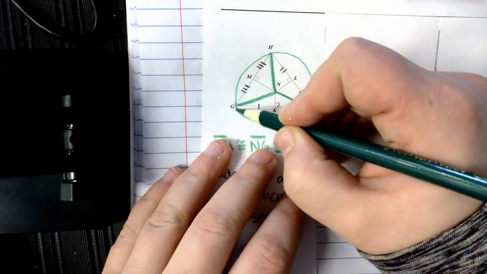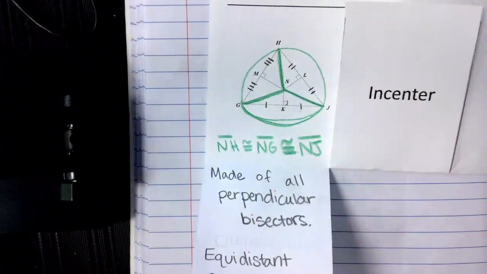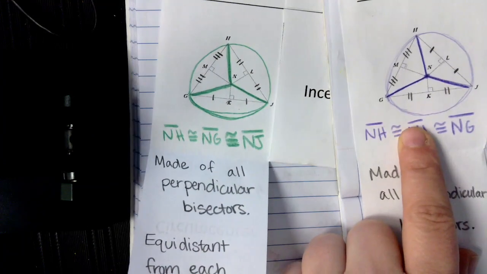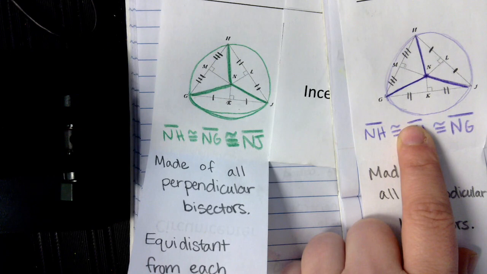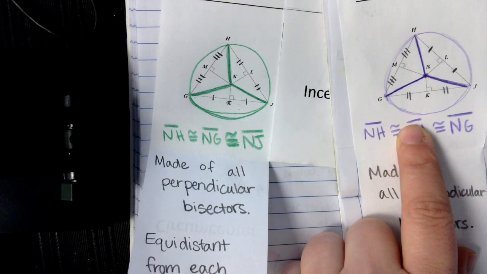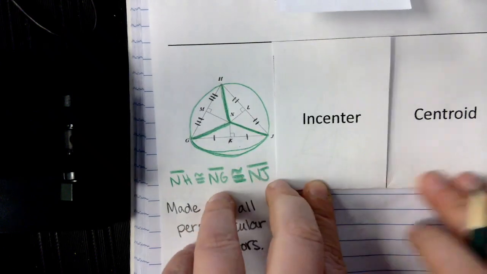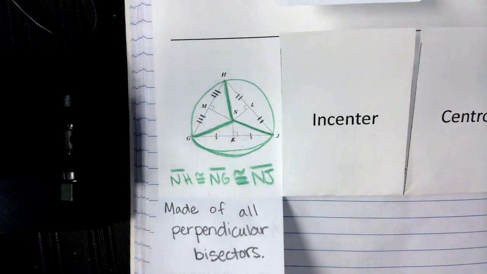We're going to jump back up to angle bisector. So I'm going to close up circumcenter and perpendicular bisector. All right. What does angle bisector mean? An angle that bisects.